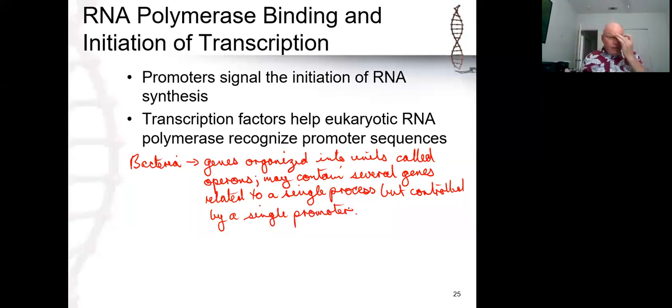So in bacteria, genes are organized into units on the basis of what those proteins are involved in.